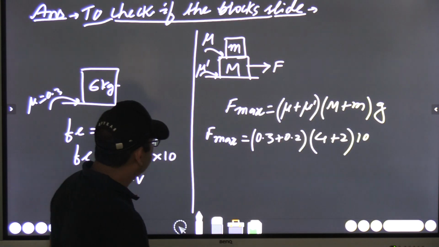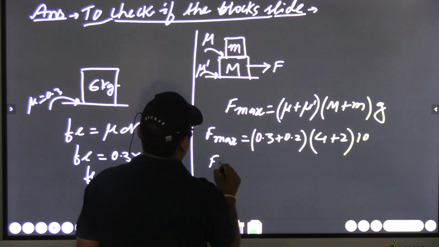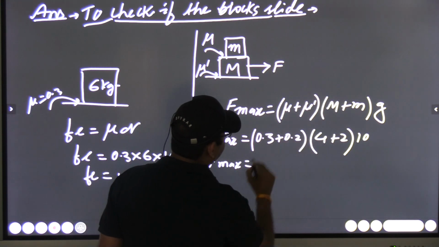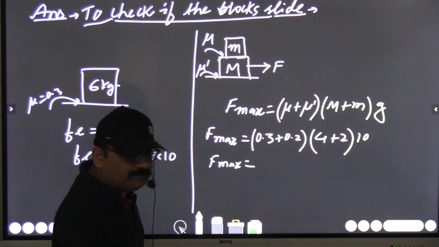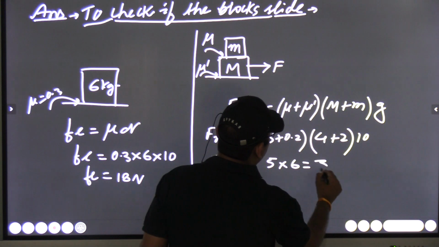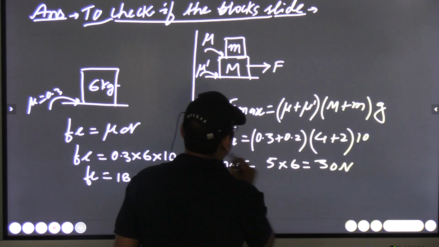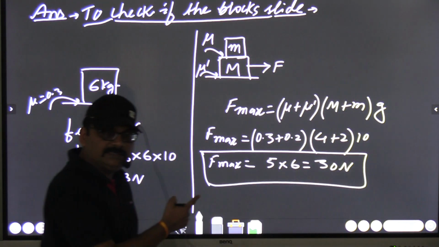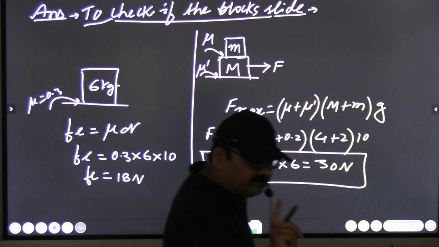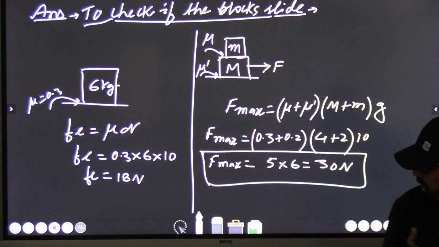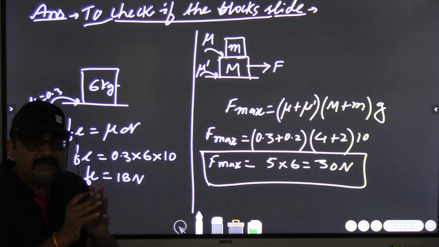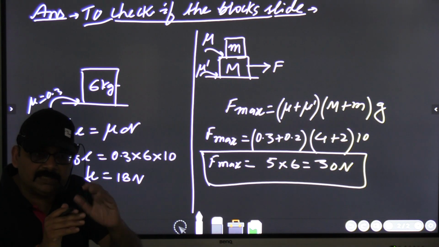What is this value? This is 0.5 into 10, which is 5. So this is 5 into 6, equal to 30 Newton, correct? Means if the applied force is at most 30 Newton, then only the blocks will move together, otherwise the upper block will slide over the lower block.